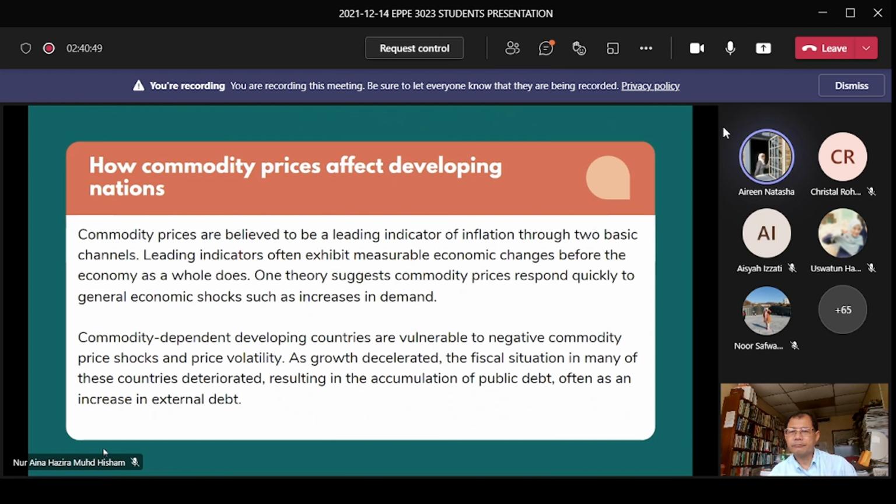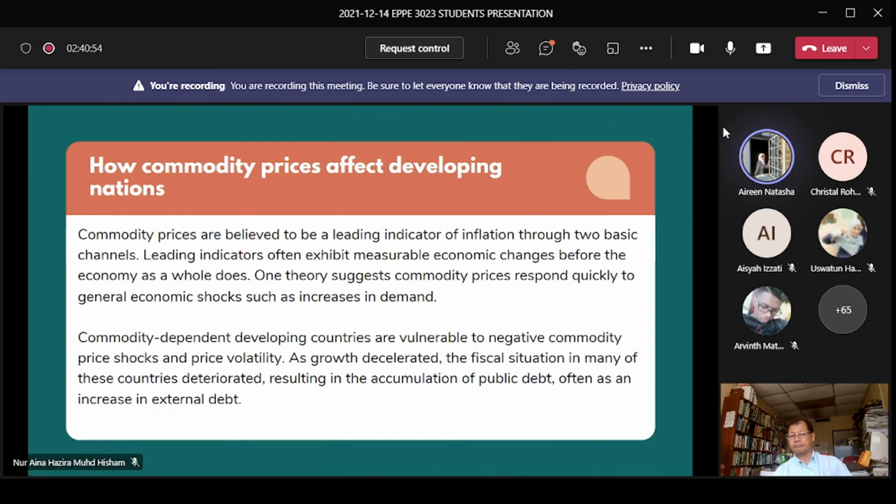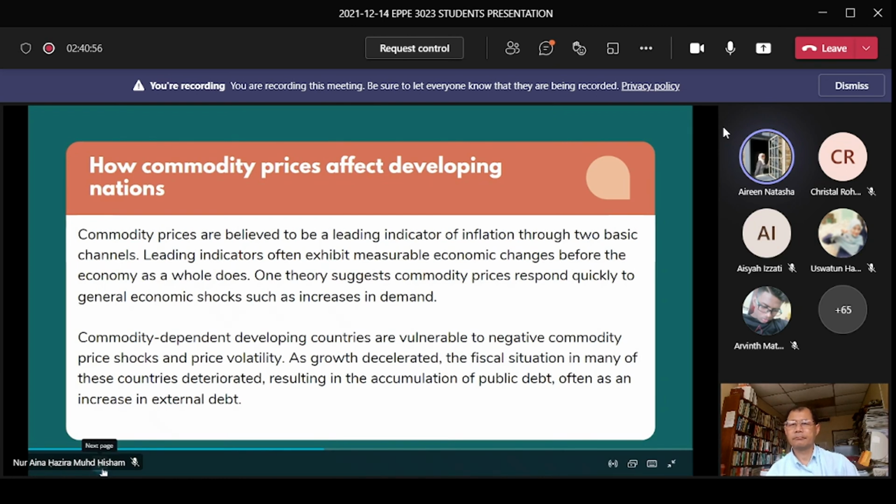Alright, how does commodity price affect developing nations? Commodity prices are believed to be a leading indicator of inflation through two basic channels. Leading indicators often exhibit measurable economic change before the economy as a whole does. One theory suggests commodity price respond quickly to general economic shocks such as increases in demand.